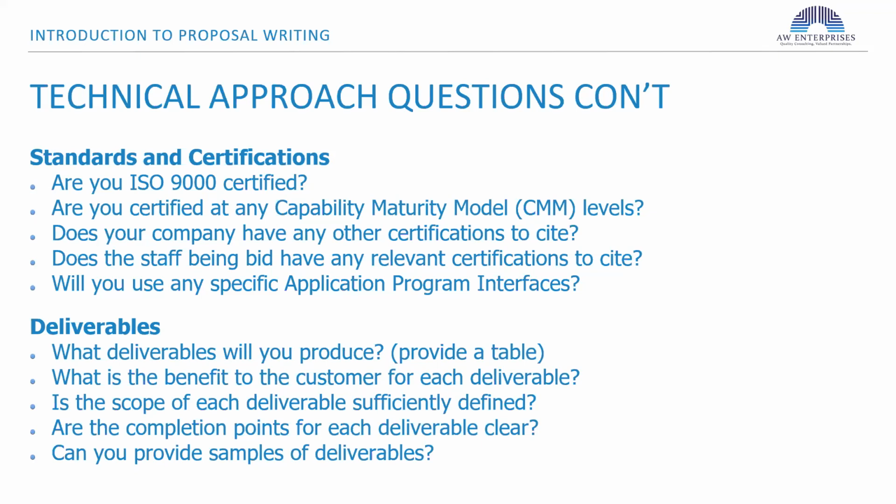Some of those may include ISO certification or a CMMI certification. And really that's about the quality control that you're going to use in making sure that things are going well on the projects and contracts you have, okay?